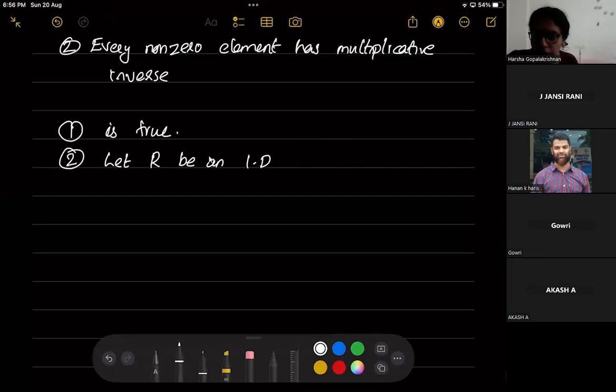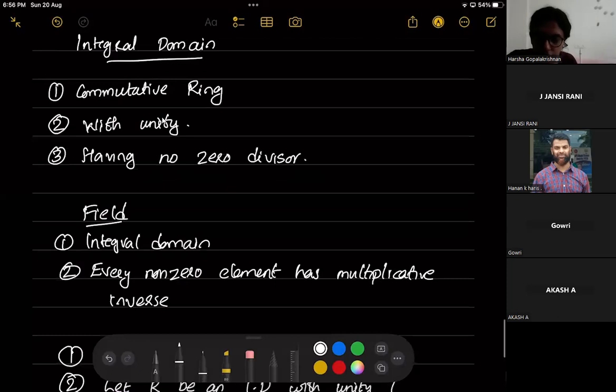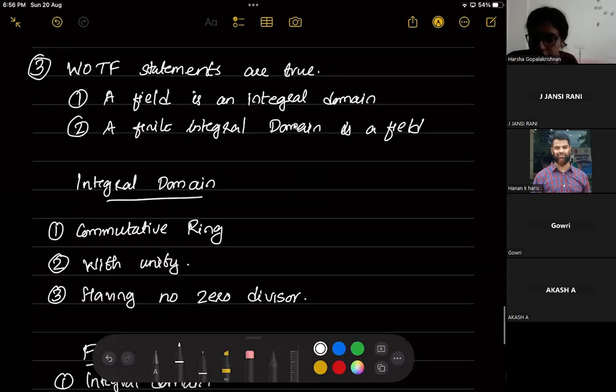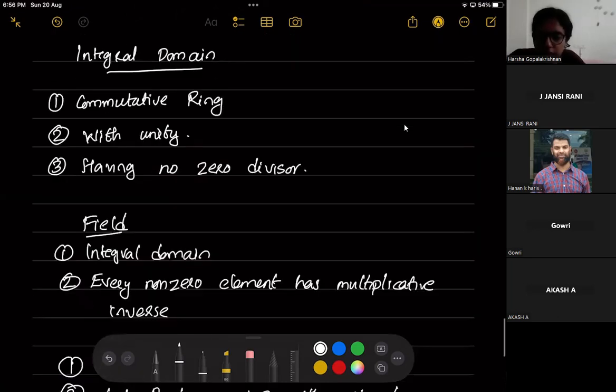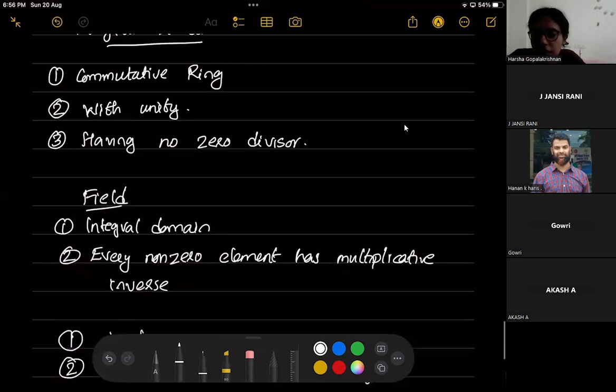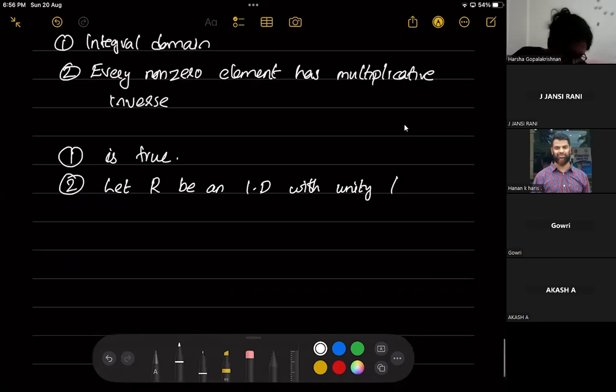We want to prove that a finite integral domain is a field. In order to prove it is a field, what are the conditions? First of all, it should be an integral domain, and the second one is every non-zero element has a multiplicative inverse. So I am starting with a non-zero element.